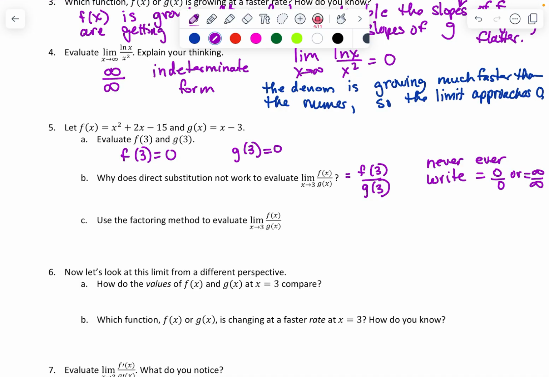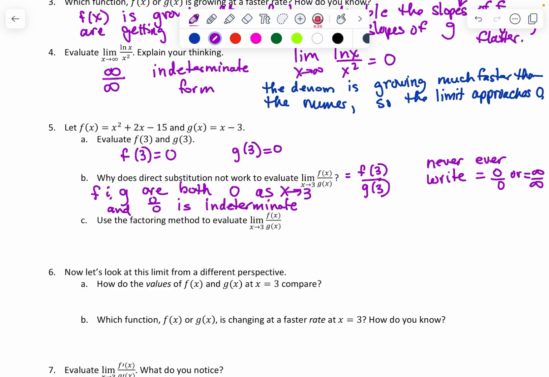Those are indeterminate. And so we're going to end up writing the limit of the numerator separately from the limit of the denominator. So f and g are both 0 as x approaches 3, and 0 over 0 is indeterminate.